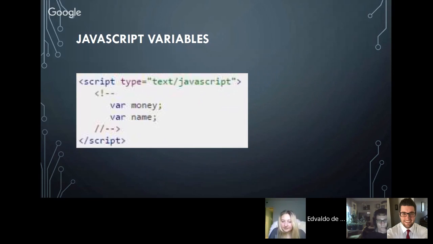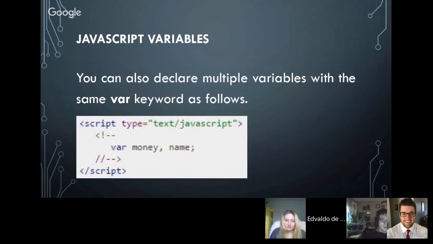Here is an example of when you use a variable. For example, one variable for money and another variable for name, and we use the word var to declare a variable. We don't need to write variable, just var. Or you can write var money, name.